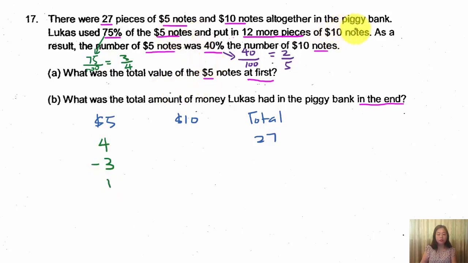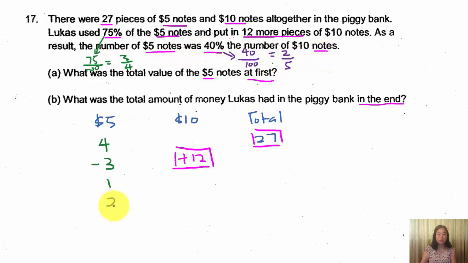For the $10 note, he actually added an additional 12. Notice that this refers to the number of notes, and this also refers to the number of notes. So in the end, the number of $5 notes was 2/5 the number of $10 notes.